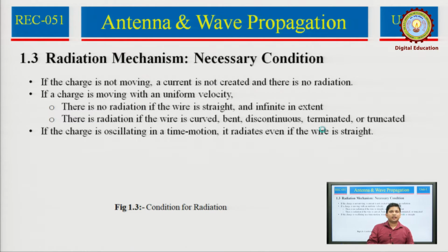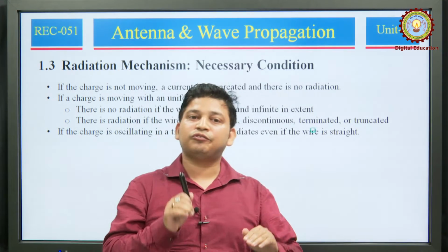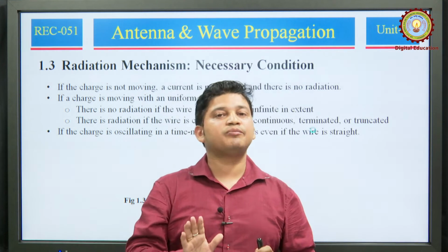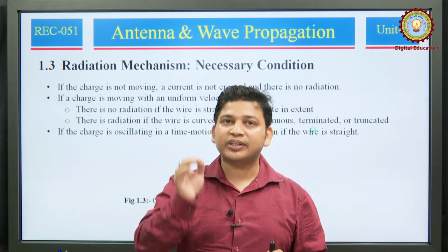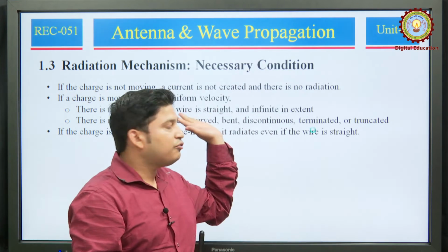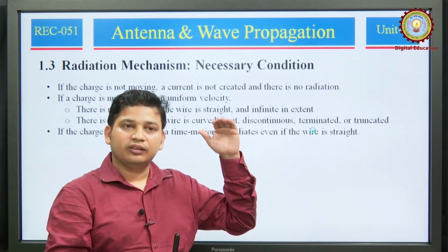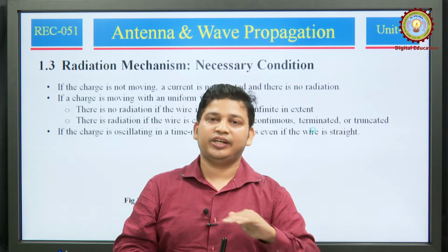And last, if the charge is oscillating in the time domain, even if the wire is straight, there must be radiation. That is the third point, acceleration and deceleration. So remember these three points. If the wire is straight with uniform velocity, no radiation.